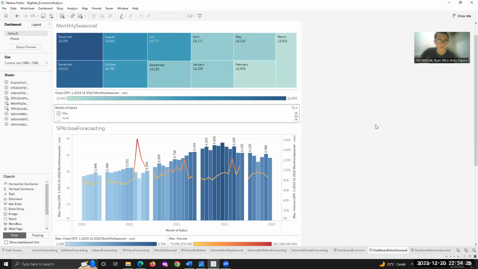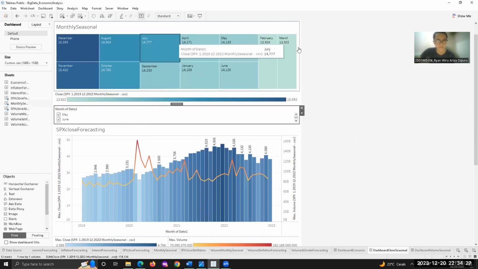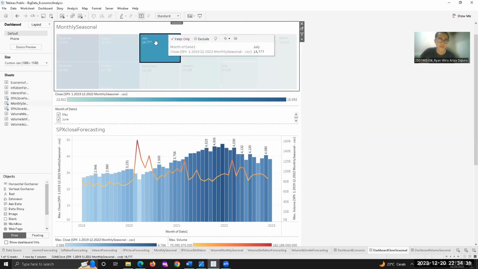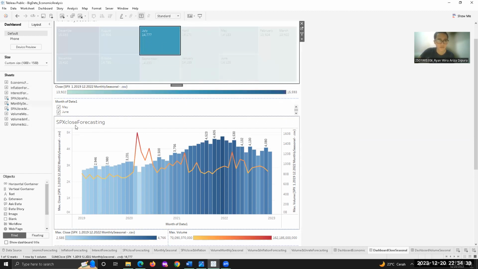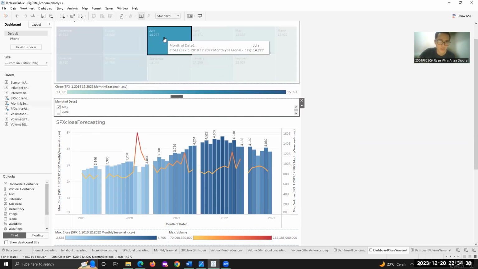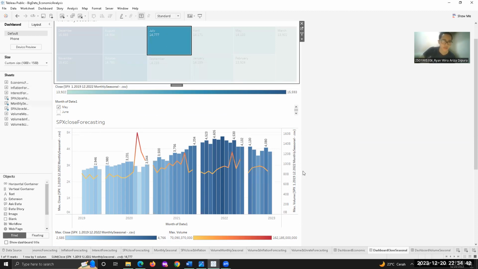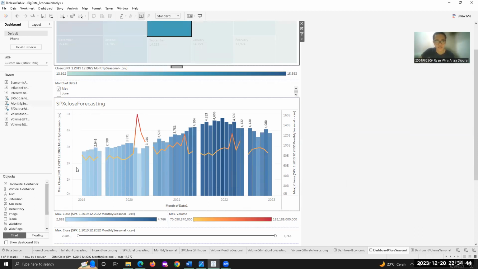We could see that from our top six, we have July as our seasonal low. So let's see the seasonal low here on July. We could reasonably expect this is the seasonal low.